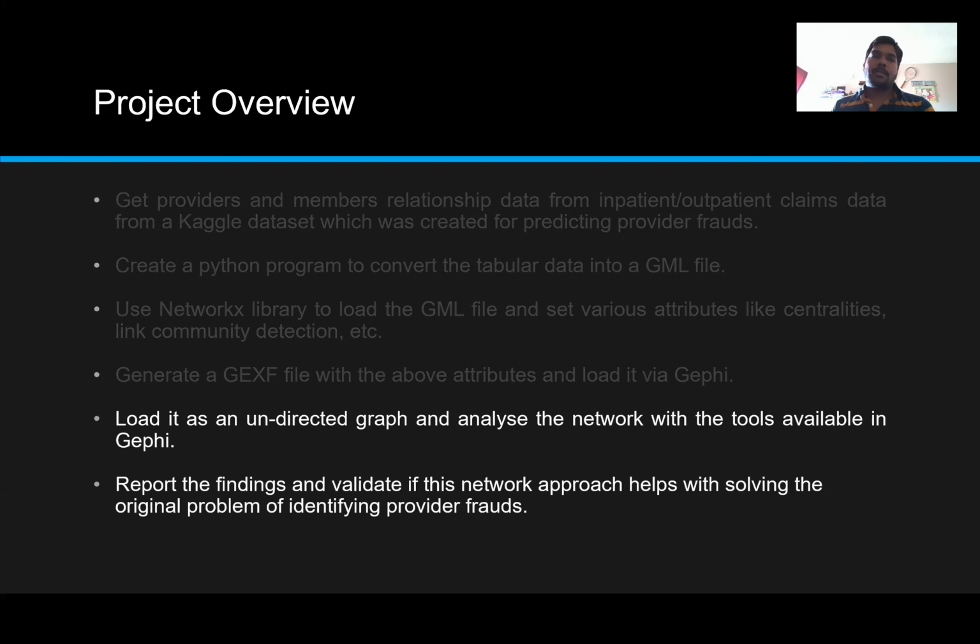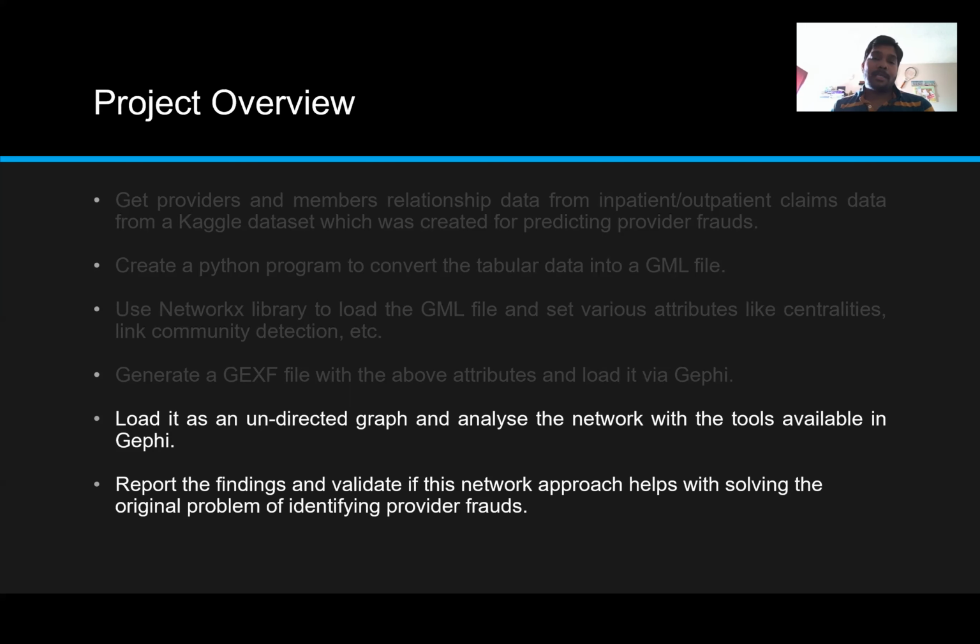So once this GEXF file was loaded into Gephi, I was able to see the nodes, that means the providers and members, and the edges, which are nothing but the claims raised between the provider and member, as an undirected graph, because a member can choose a provider and at the same time a provider can refer another provider also.